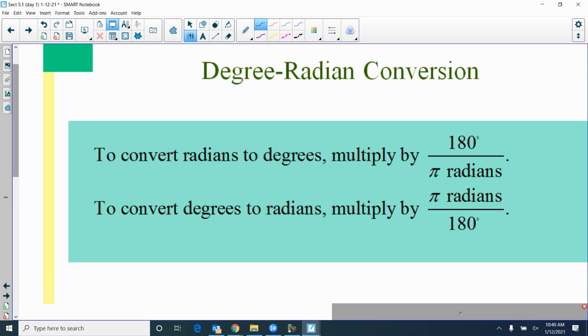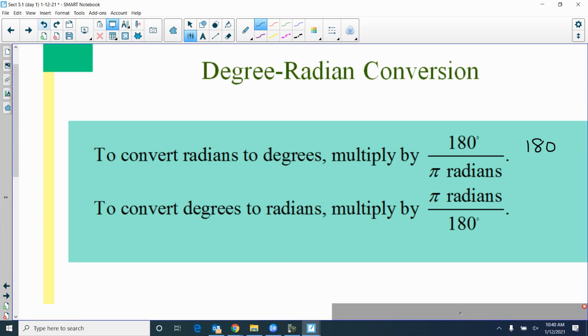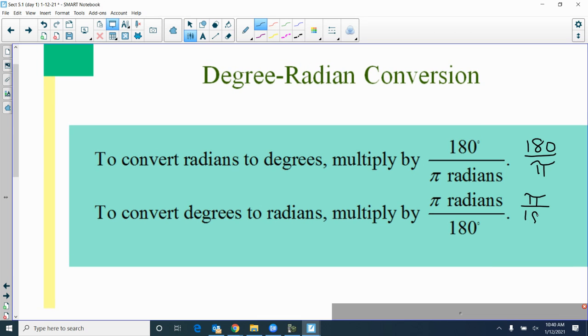To convert radians to degrees, you multiply by 180 over pi. You don't need to write radians. To convert degrees to radians, multiply by pi over 180.